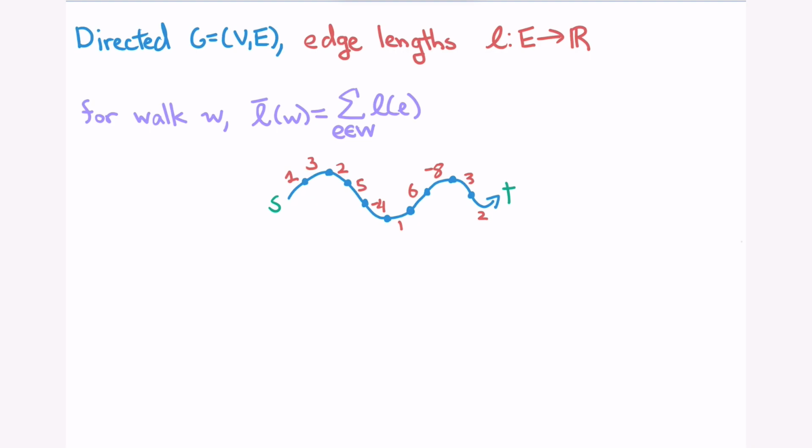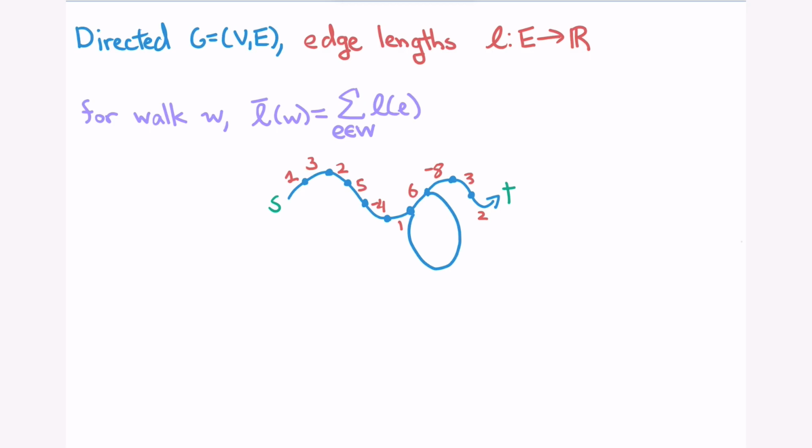I should point out that walks are allowed to repeat. So a walk could veer off like this, or it can also repeat edges, where you're just walking through that edge labeled 6 twice. Then 6 will be counted twice in this sum. So this is with repetition.